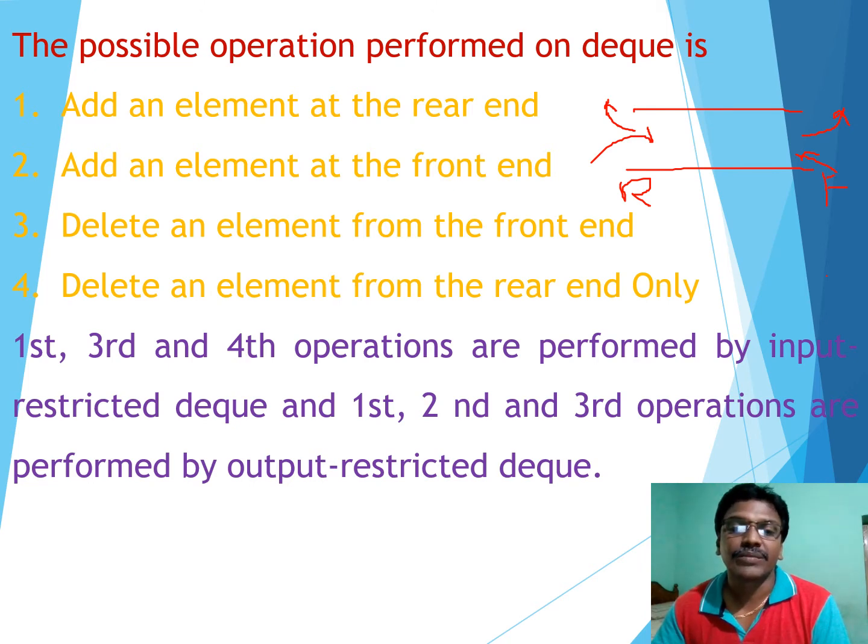That's why the first, second and third operations are used for output restricted, and the first, third and fourth operations are performed by input restricted.